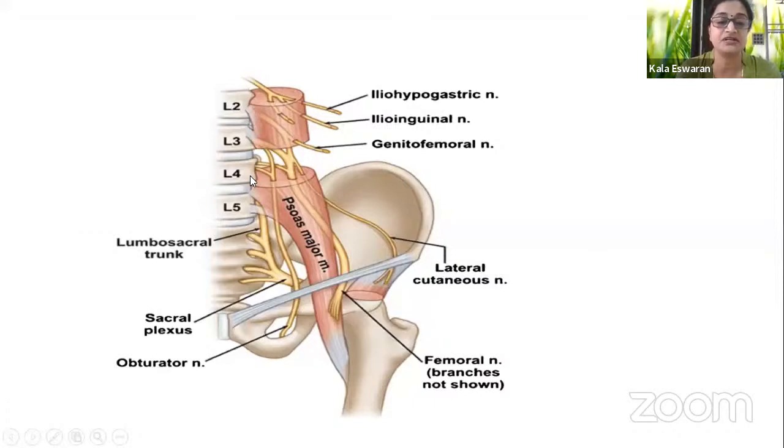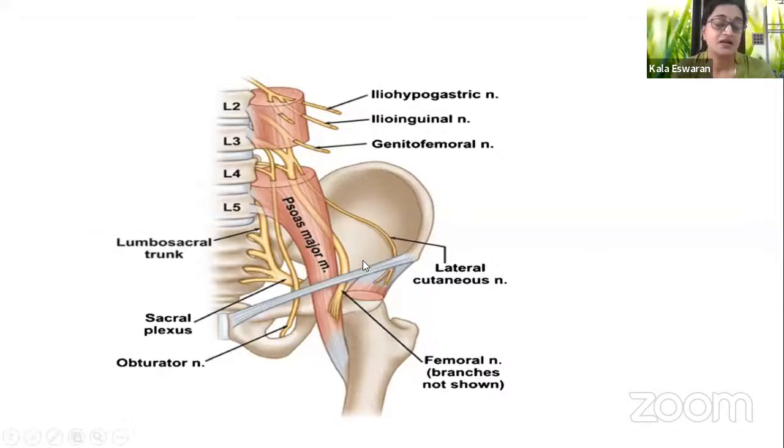It descends through the posterior border of the psoas major muscle, emerges from its lateral border, continues caudally between the bulk of the psoas major muscle and the iliacus muscle, and enters the thigh beneath the inguinal ligament, lateral to the femoral vessels, on top of the iliacus muscle.